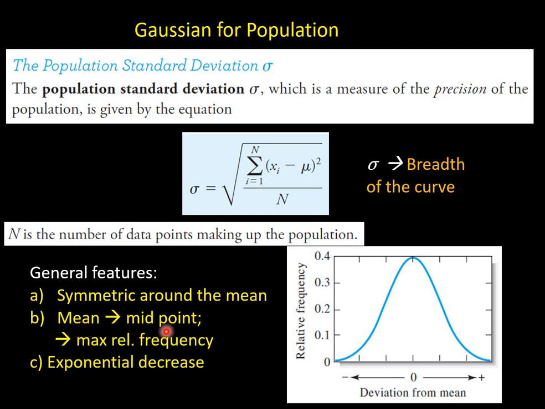And the mean is at the midpoint, and at the midpoint the relative frequency is maximum, and on both sides of the maximum there is an exponential decay, right? So these are the features of the Gaussian curve.